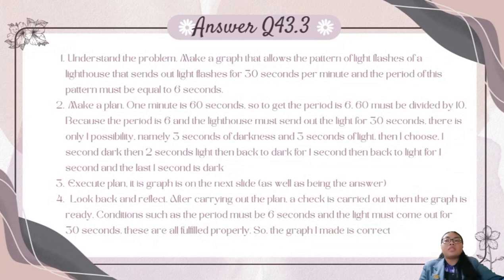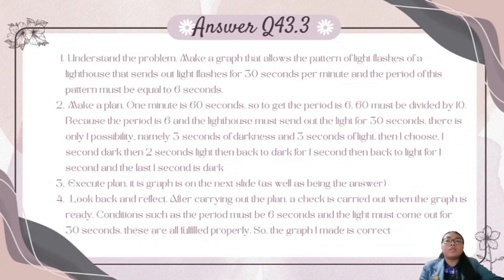1 minute is equal to 60 seconds. So to get the period of 6, 60 must be divided by 10. Because the period is 6 and the lighthouse must send out light for 30 seconds, there is only one possibility: 3 seconds of darkness and 3 seconds of light.